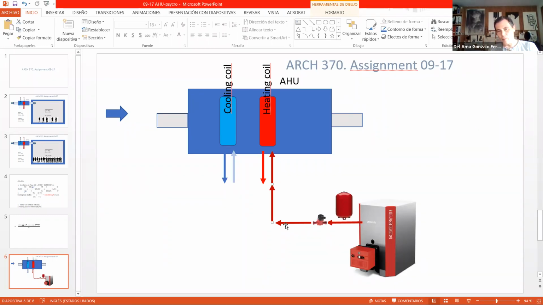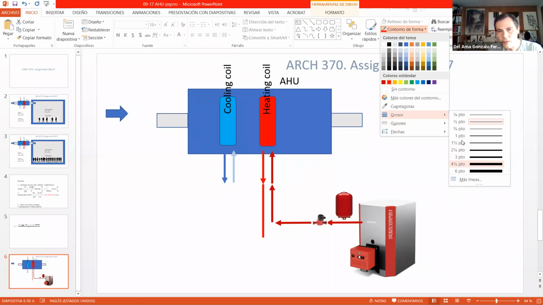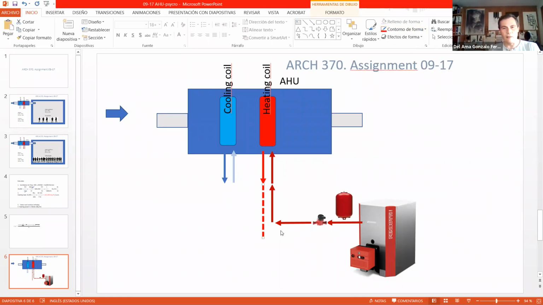So we need a water pipe to the heating coil. And then from the heating coil, we would need a return. So that would be red. It can be thicker. And I told you that when we are using this return, we can work with this dashed line. Yeah, I think that looks better.